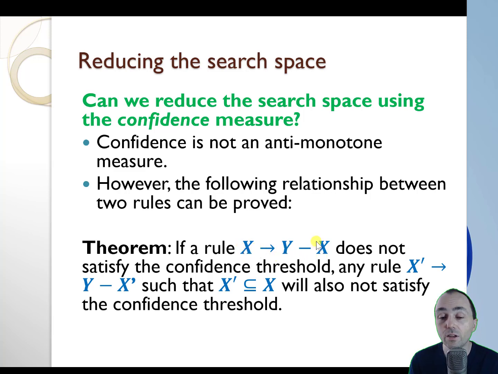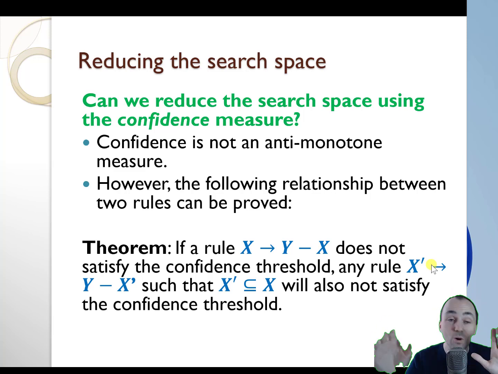Then if we have a rule like this, that the confidence is too low, it does not have enough confidence, then if you have another rule, X prime imply Y minus X prime, and X prime is a subset of X, then you know the other rule also will not satisfy the confidence.